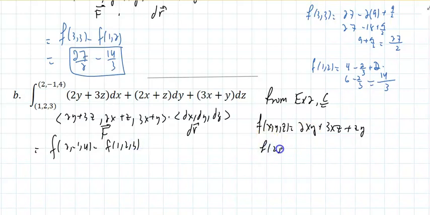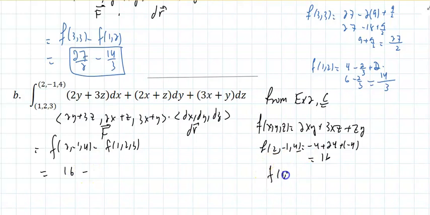So f of 2, negative 1, 4 is going to be 2 times 2 times negative 1, negative 4, plus 3 times 2 times 4, 24. If I make a mistake, just make sure you understand the concept and how it's done. Y times z is negative 4. So that is negative 8 plus 24, 16.